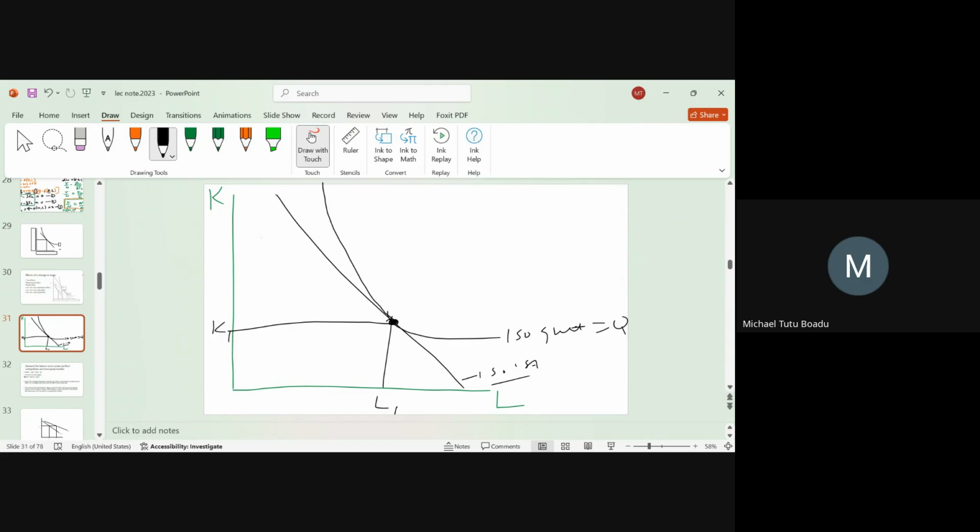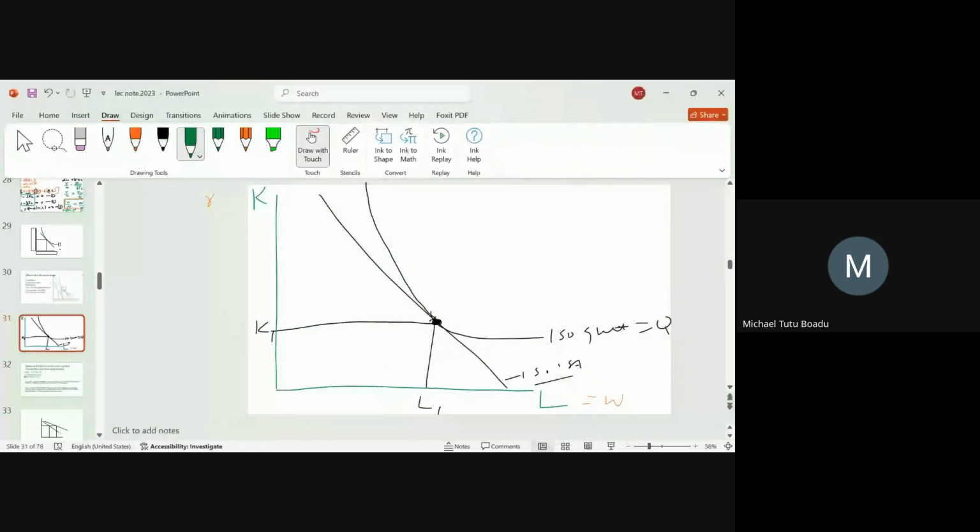Now let us assume that, remember, the price of labor is wage and the price of capital is rent. Let's assume that the price of labor increases. So it means W has gone up. If W increases, then it means that now the firm cannot hire more labor.